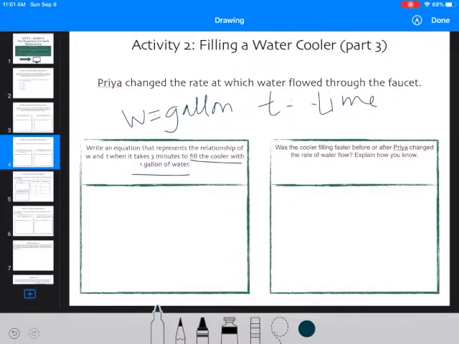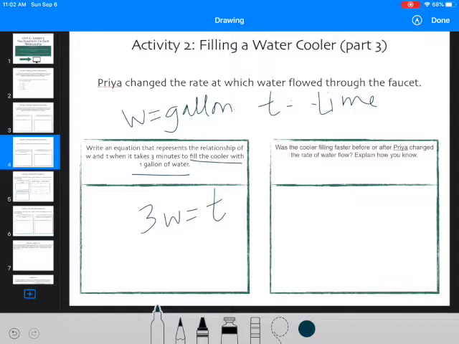So I know that three times the number of gallons is going to give me the time. So 3 minutes times the gallons of water is going to give me the total amount of time.